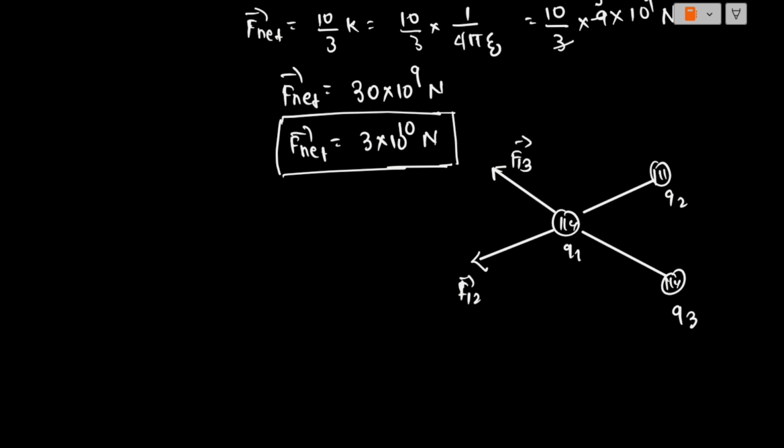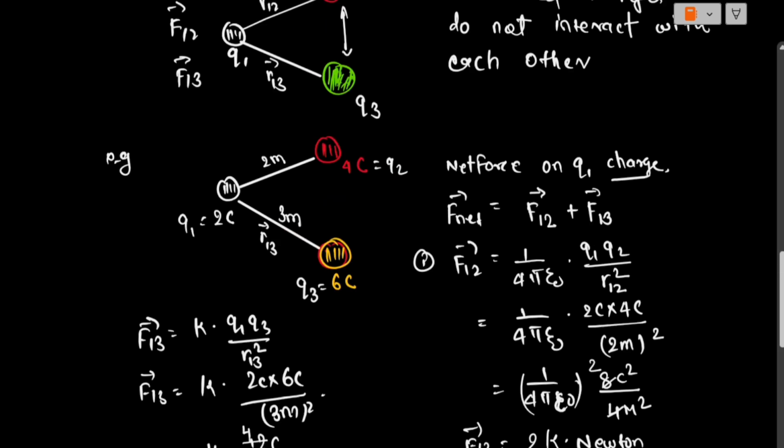Now the net force has the direction between these two forces, the angle between them, right? So the net force would be in a direction like this. So this is the direction of the net force, F net.